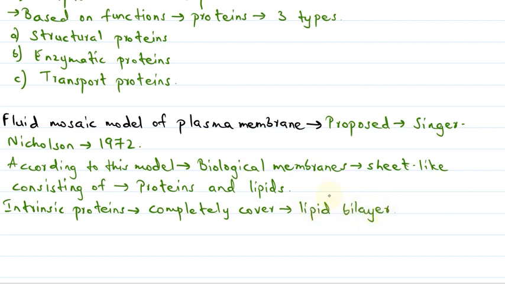So we know that this fluid mosaic model says that it is a bilayered structure. So in this bilayered structure, the intrinsic proteins completely cover the lipid bilayer, while the extrinsic proteins, what do?